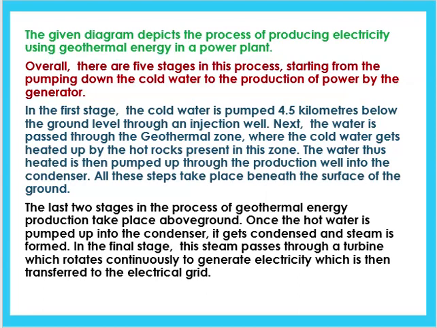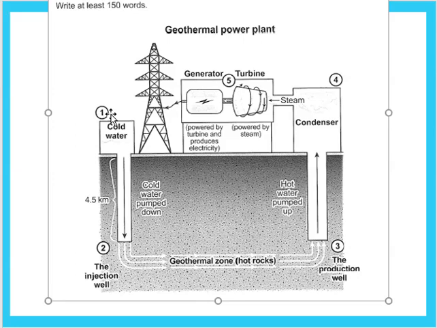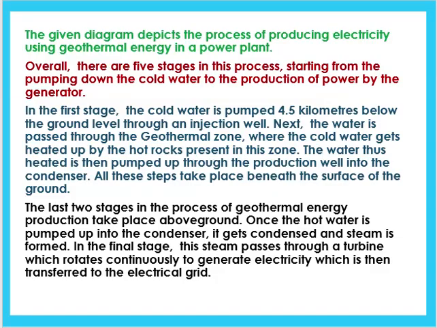Now what did we analyze here? We analyzed that there are 5 steps in the process, which begins by pumping down the cold water, and the last stage is generation of electricity from the generator. So this is what I have to write in the overview. And remember, the overview paragraph should always begin with the cohesive linker overall.